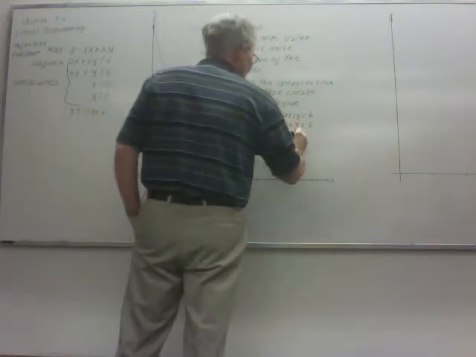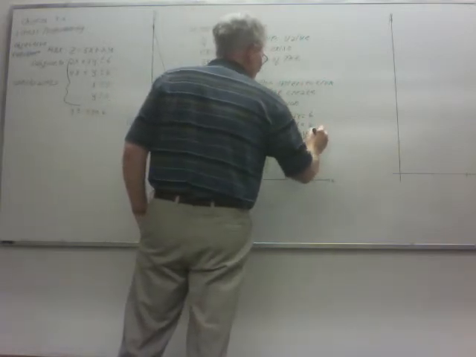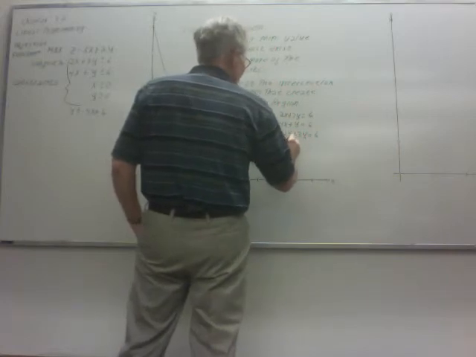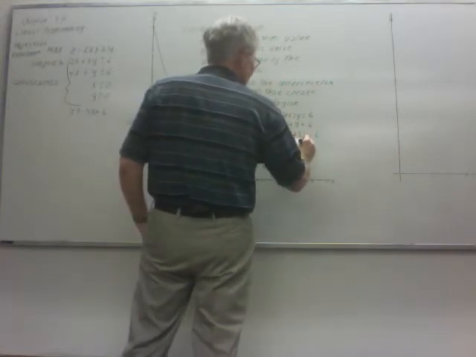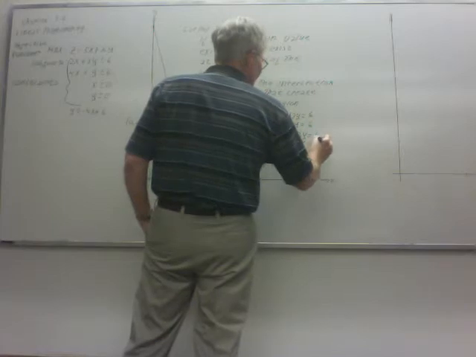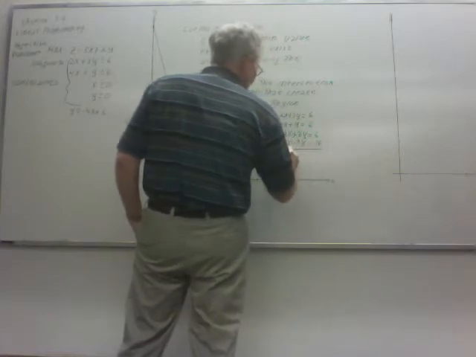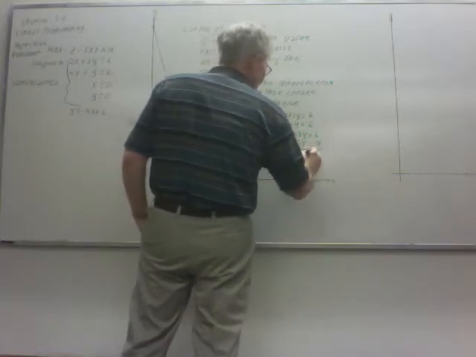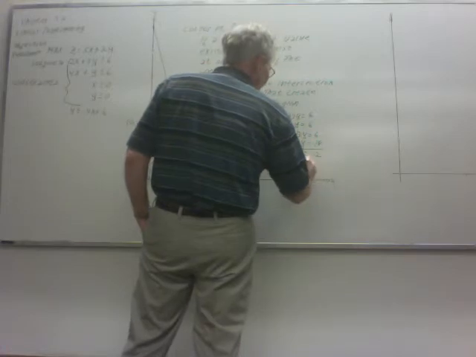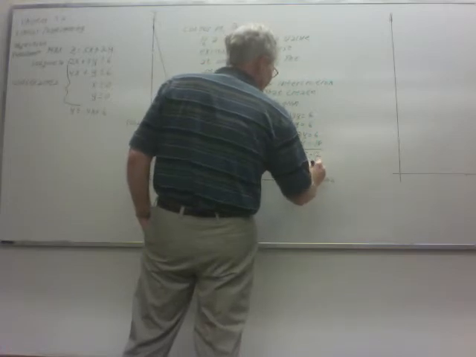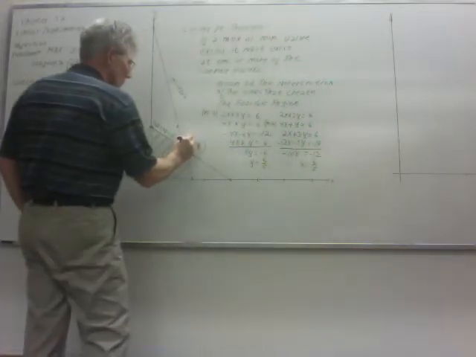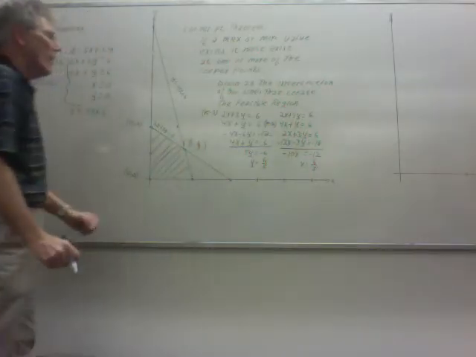I've got 2x plus 3y is equal to 6. Negative 12x minus 3y is equal to negative 18. Gives me negative 10x is equal to negative 12. And x is also equal to 6/5. So that corner point right there is 6/5, 6/5.